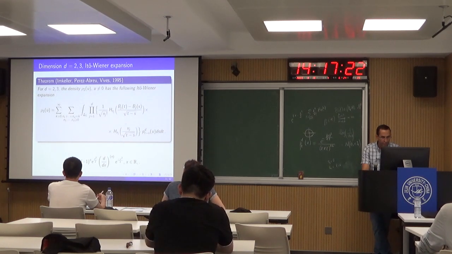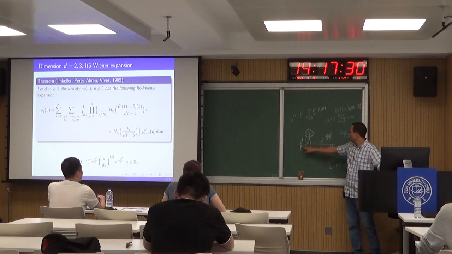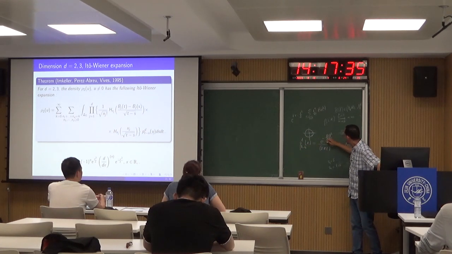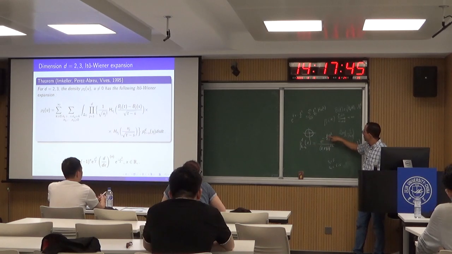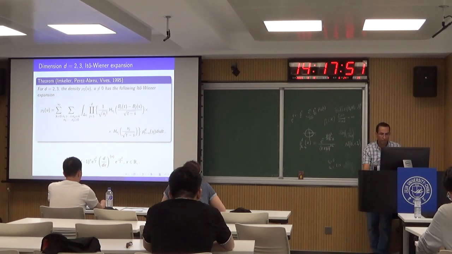So here you have the Hermite polynomial, and what is this p_{t-s}? Of course, we have this expression: if we just take t minus s, this will be a product of exponents of minus x_j squared divided by 2(t minus s).